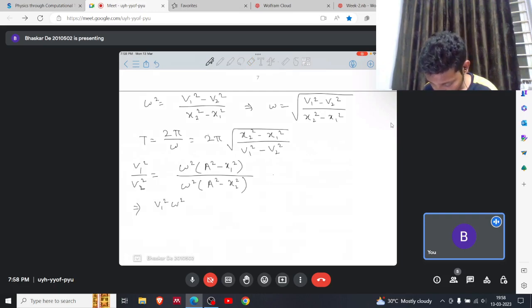So v1 square omega square a square minus v1 square omega square x2 square equal to v2 square omega square a square minus v2 square omega square x1 square.